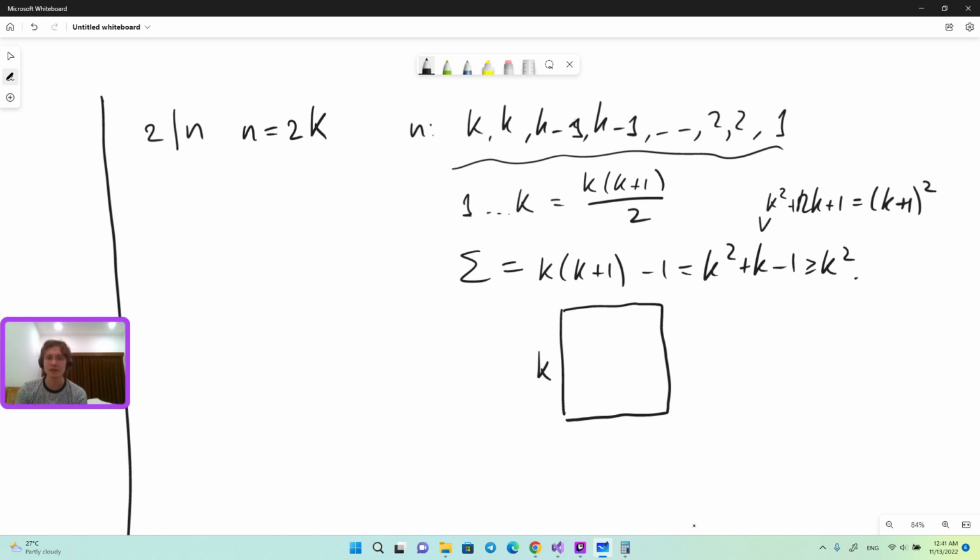You start with k and another k, and then you choose two sides with length k minus 1 and 1, then k minus 2 and 2, etc. When do we stop?